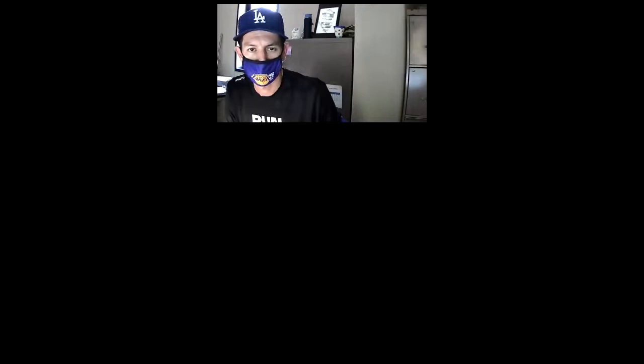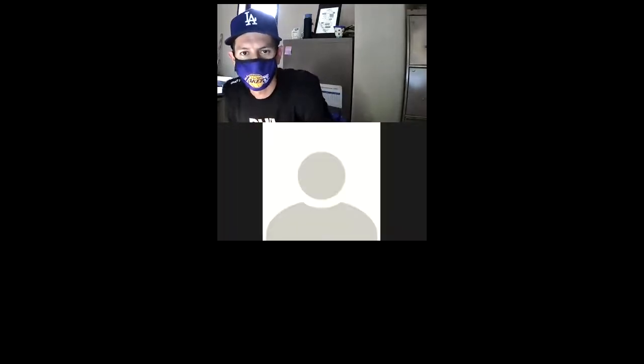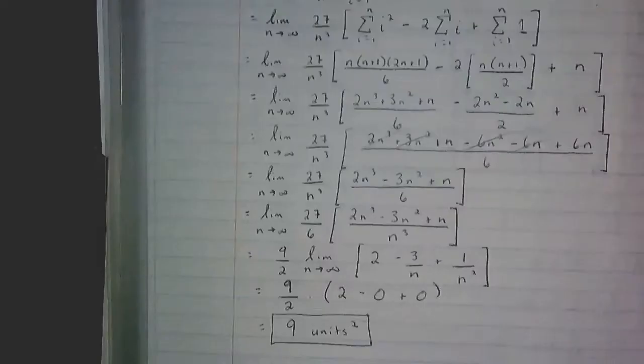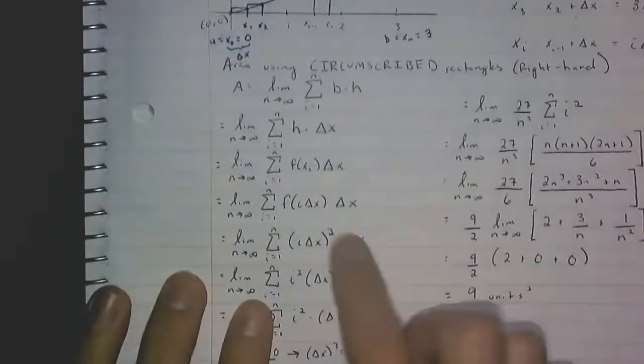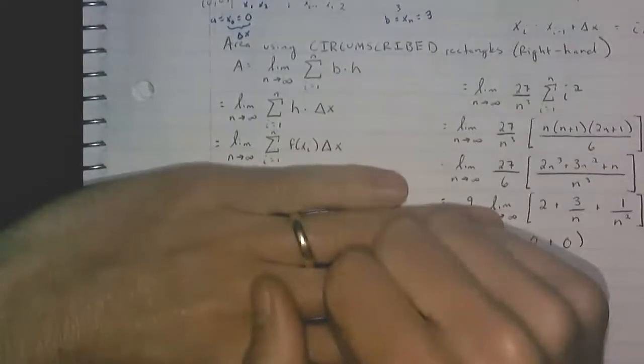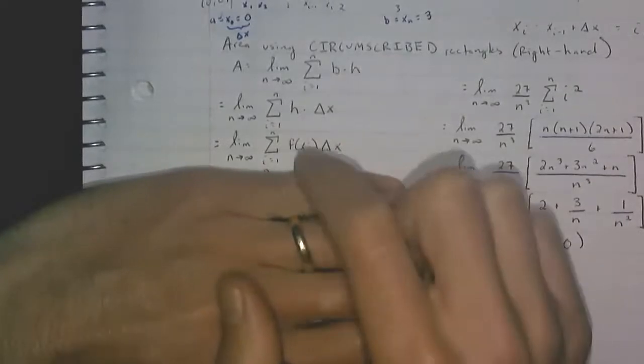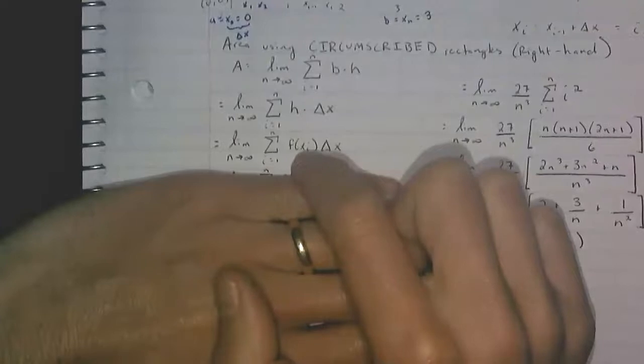This is for the latest example, but around the fourth or fifth step, f of x sub i delta x becomes squared. What was the reasoning for that again? Based on the function. This step here is very unspecific. To say that something is f of x sub i, okay, but what's f? What's x sub i? So the first thing we did was figure out a more useful definition of x sub i.